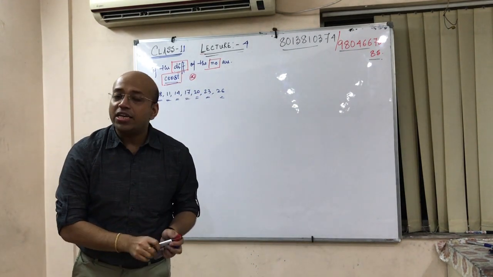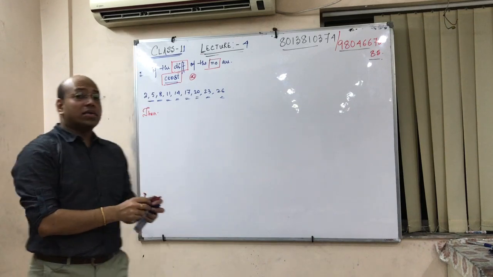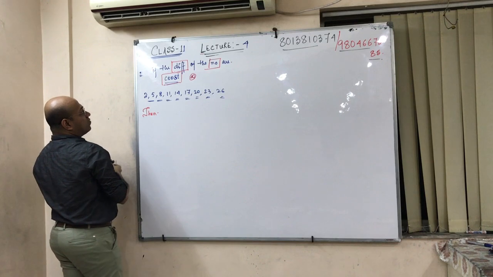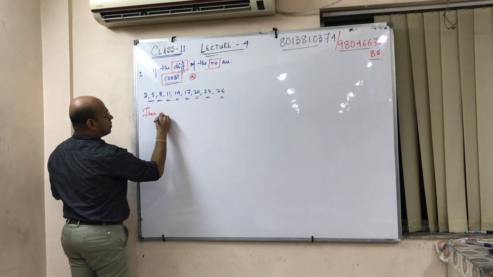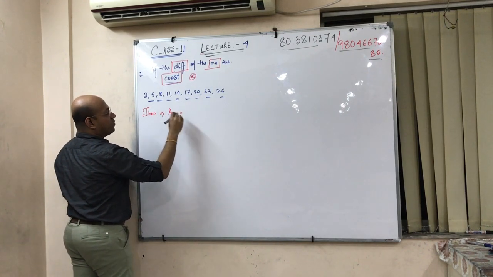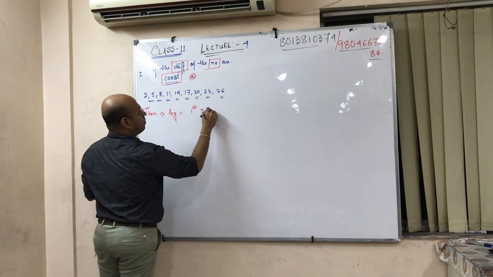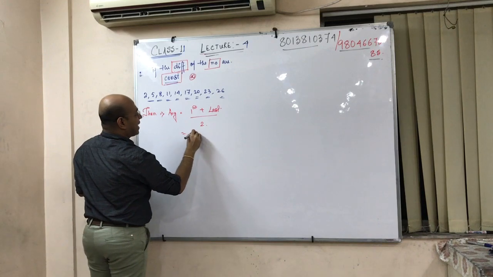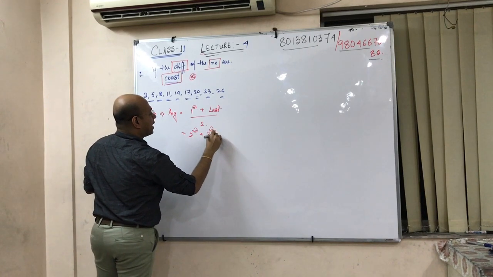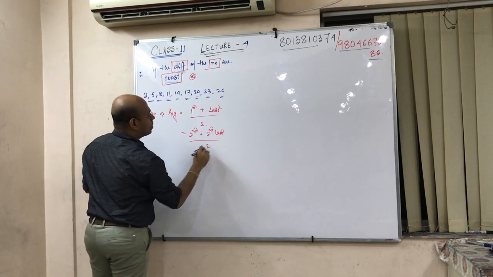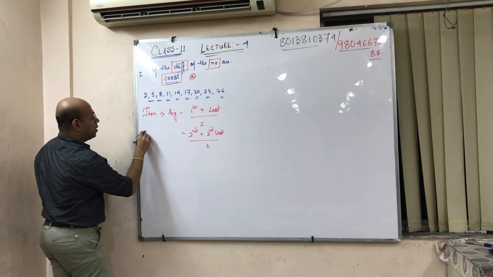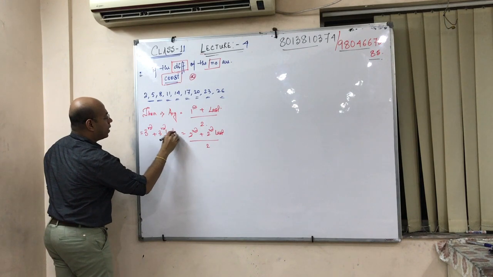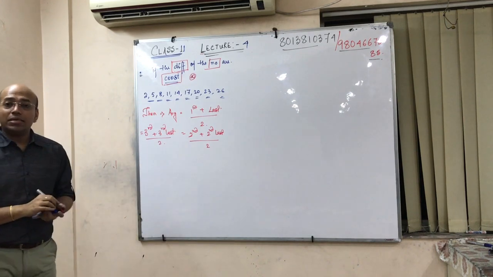If the difference is changing, you can't apply this thing. This is only applied if the difference is constant. If the difference is constant, then average is given as first number plus last number by 2, or second number plus second last by 2, or third number plus third last is equal to 2 times the average. This is the basic thing, okay.